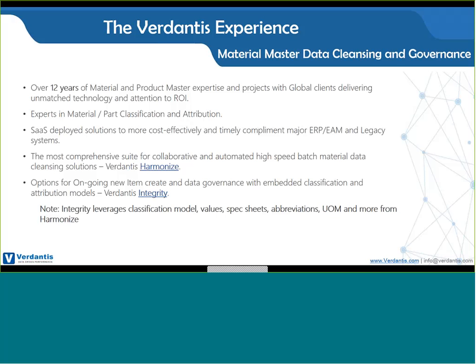We've got 3,700 specification templates already built out that are highly configurable to our clients' needs. We've got 25,000 manufacturers that we've seen every derivation of and how they're spelled. So we can normalize that right out of the box.